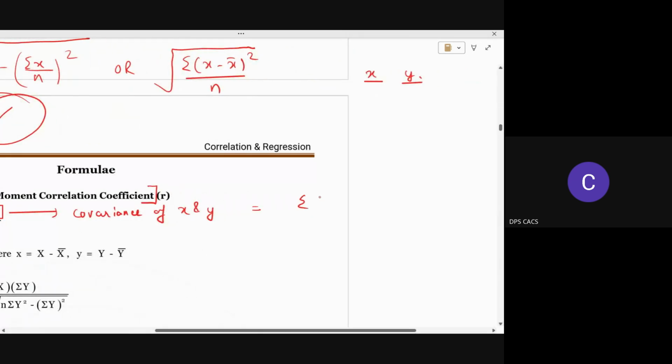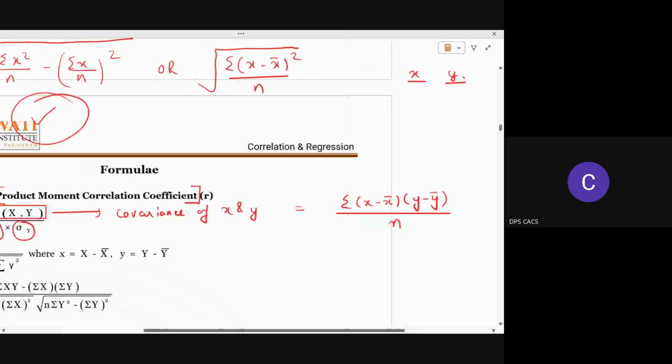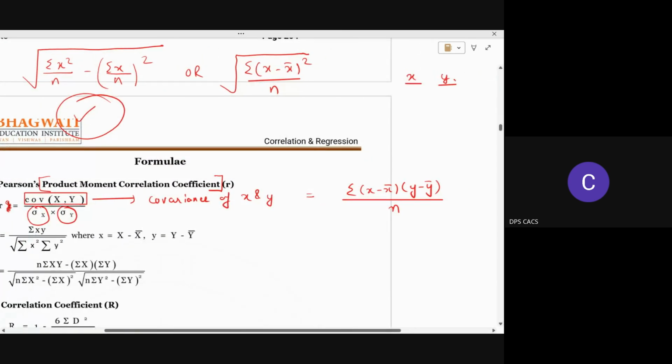Summation of, in your book, please write down if you have the book, summation of X minus X bar into Y minus Y bar whole divided by n. Sir, numerator is this. Yes, that numerator covariance xy has this formula. So to get the numerator, I'll apply this formula.